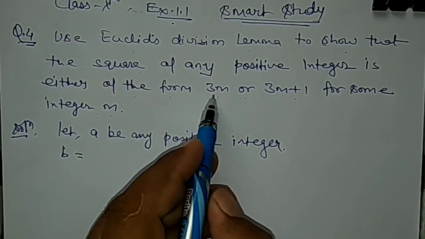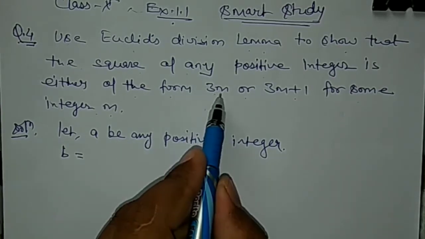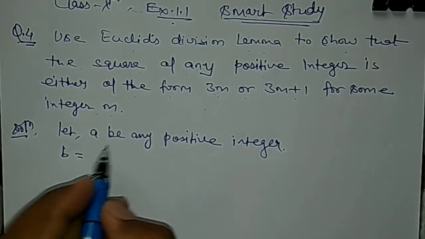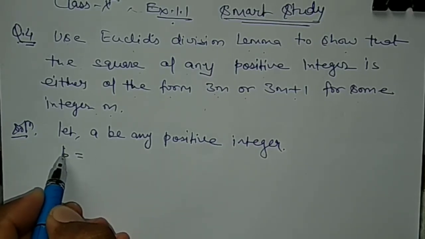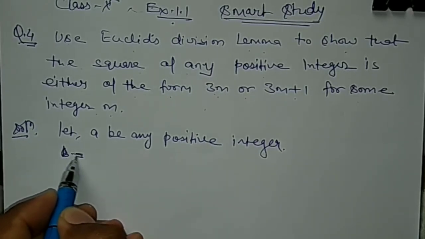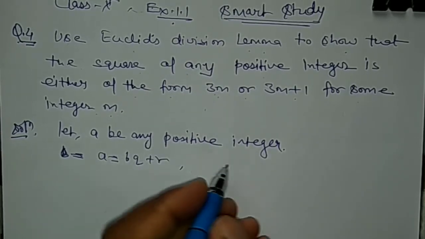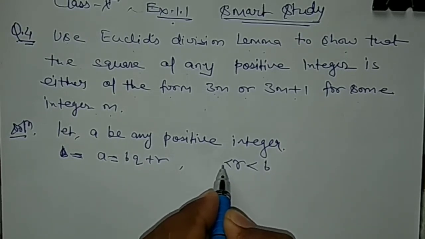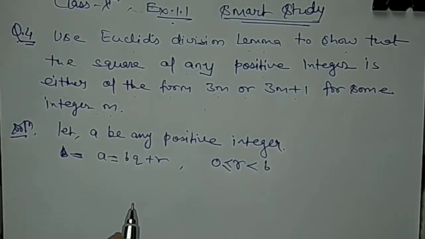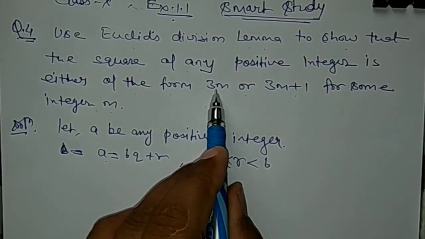On comparing this equation by Euclid division lemma, a equals bq plus r, where r is less than b. Now compare this equation to the given one.